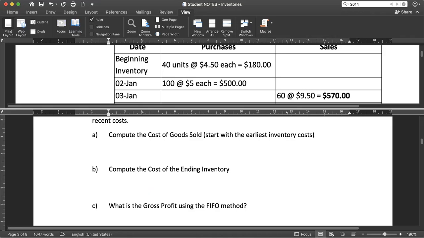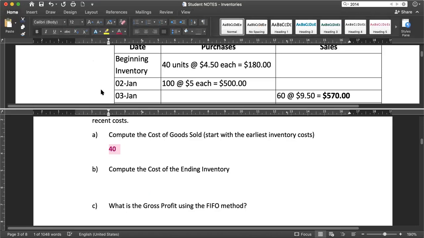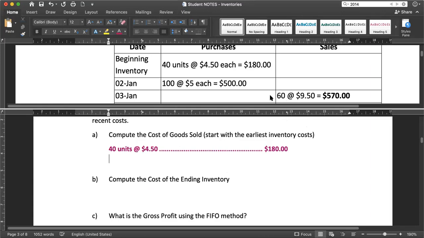inventory costs. So we have 40 units, and those 40 units cost $4.50 each. That gives us $180. That's what we have right here. But we still have to get to 60 units, and we've only had 40 at the earliest cost.